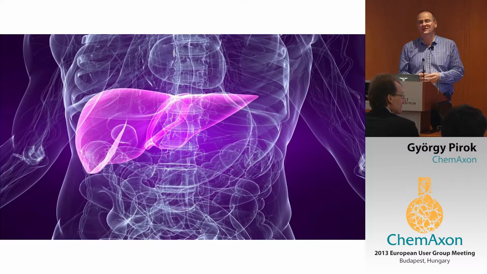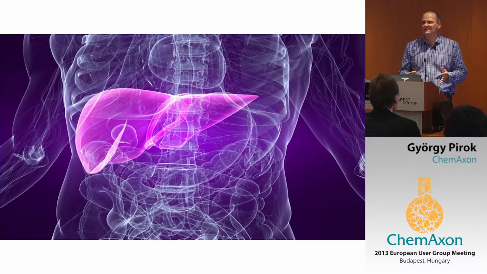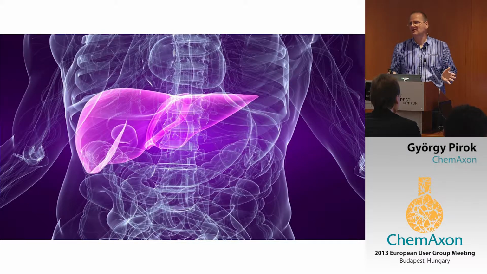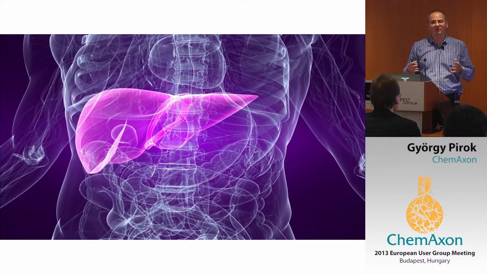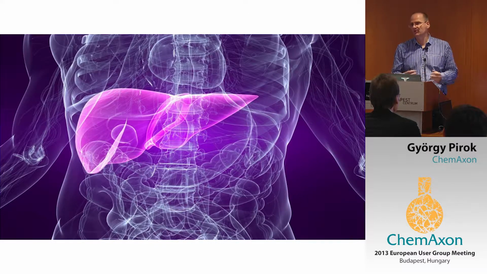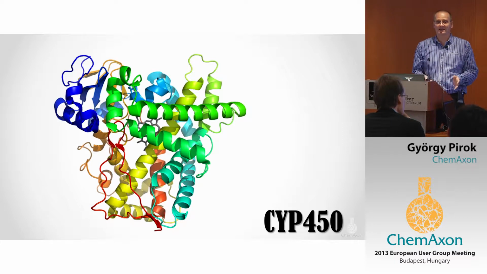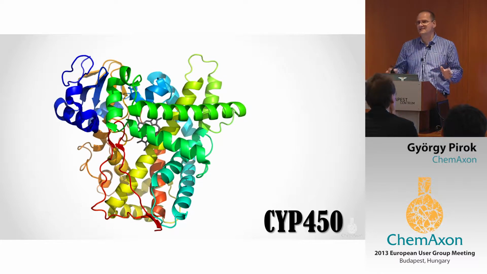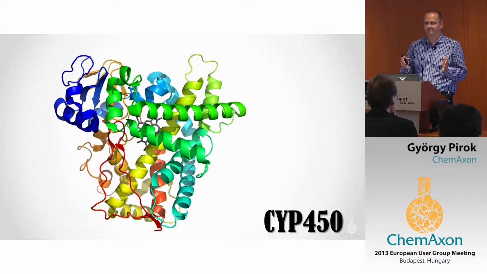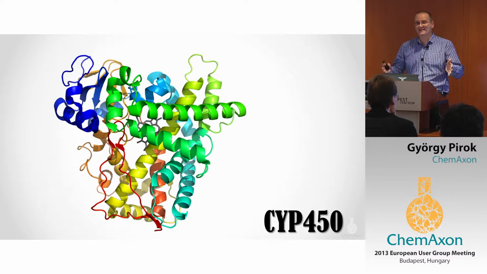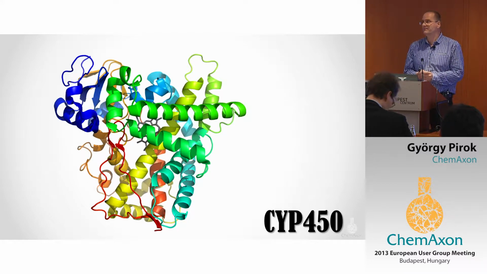Organisms try to get rid of these foreign compounds. And this process happens in all parts of the human body, but the main and most important center of that is the liver. There are various enzymes competing with each other to transform these foreign molecules, but the most important one is the Cytochrome P450 family.